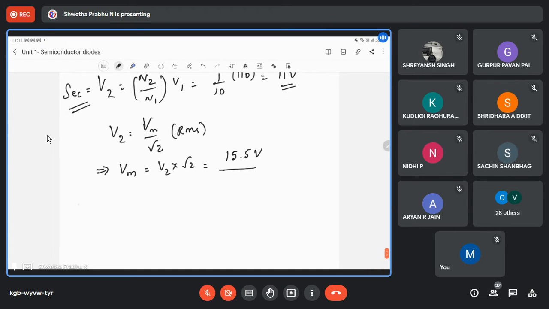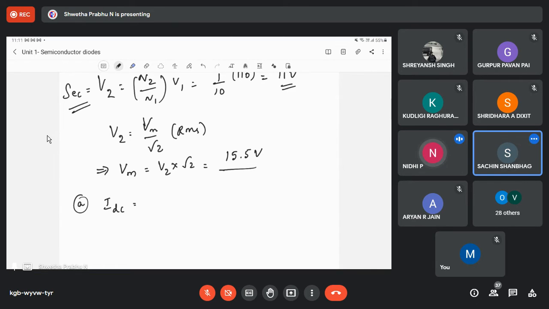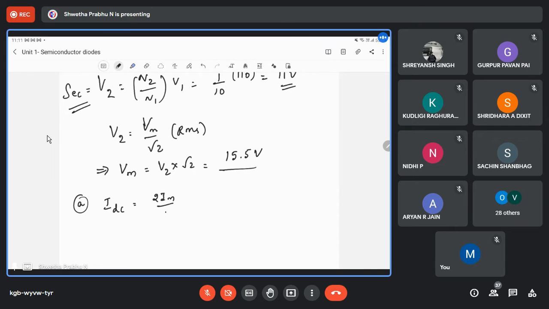Okay, once you calculate Vm, find IDC. What is the relation for IDC? 2 Im by pi. Yes, substitute and tell me what you'll get.